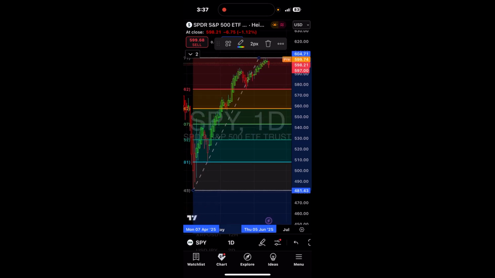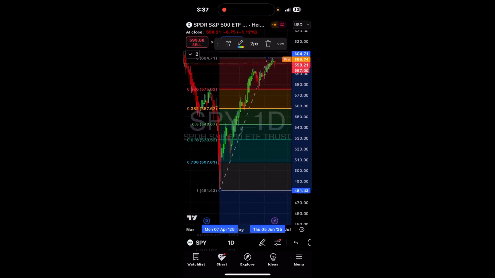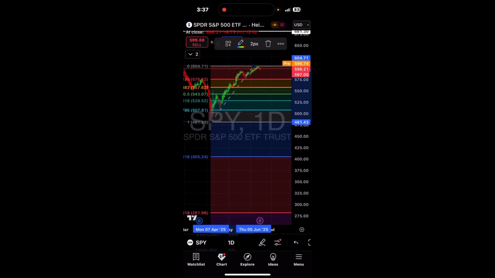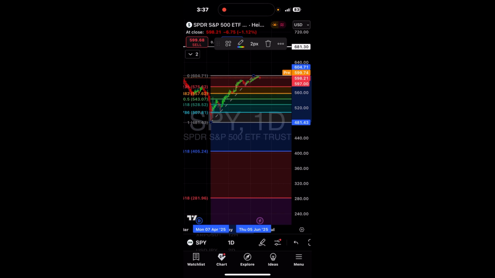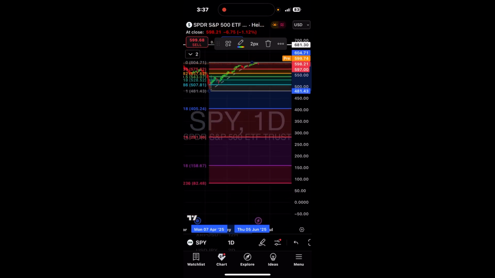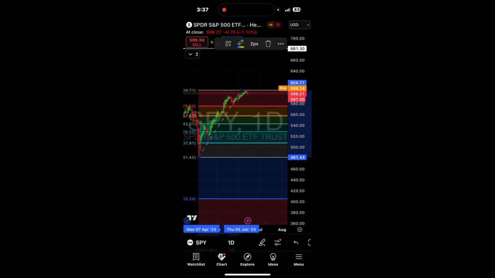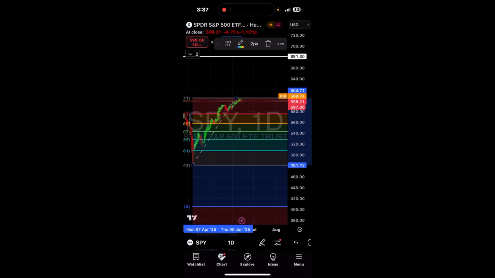But if the S&P was in a bearish situation, then this is what you'd be looking at. And you know that the S&P is not going to come all the way down here. So we are not in a bearish situation, but use that if you want to calculate the bearish moment.